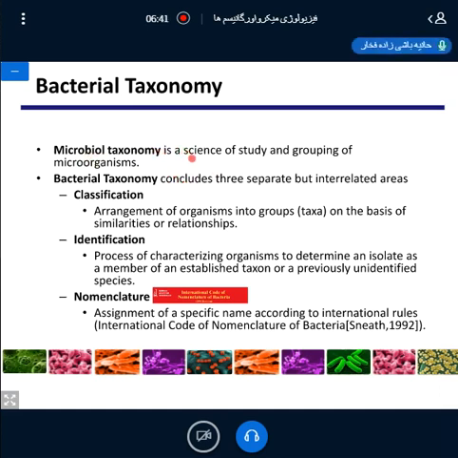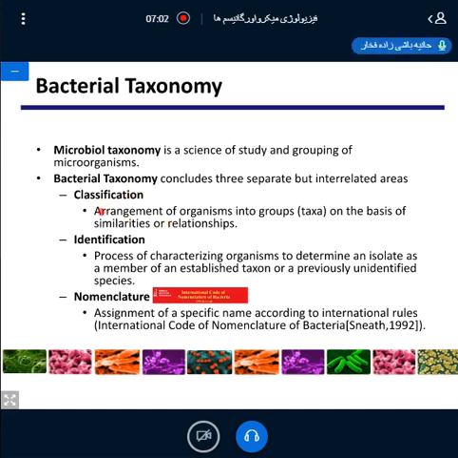Microbial taxonomy is the science of study and grouping of microorganisms. Bacterial taxonomy includes three separate but interrelated areas: eukaryote, bacteria, and archaebacteria.